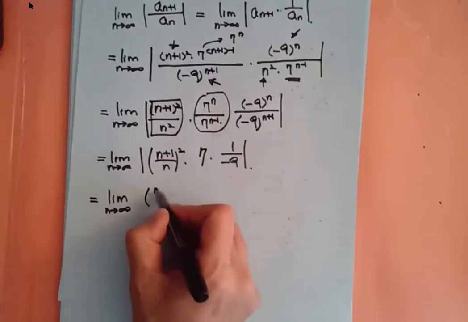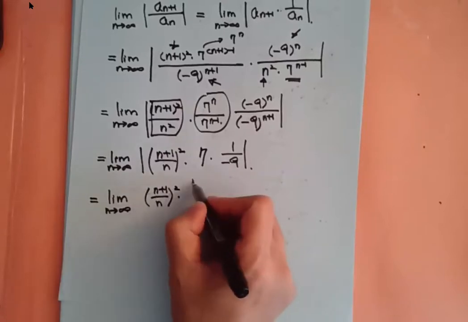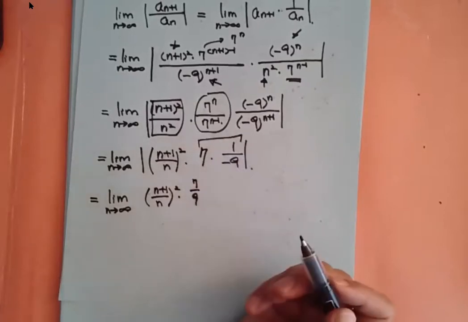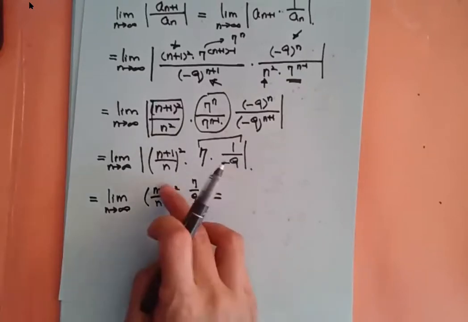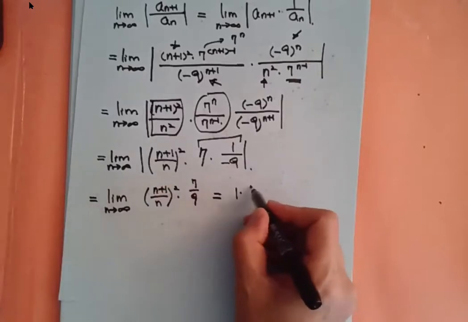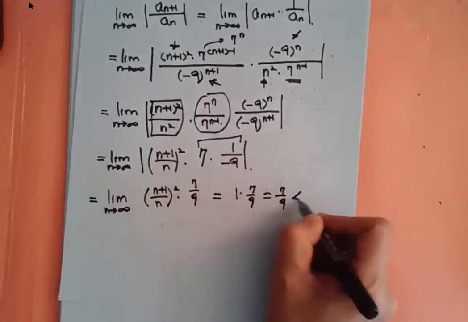Then we have (n plus 1) over n squared times 7 over 9. As n goes to infinity, we can forget this part. And so that becomes 1 times 7 over 9, which is 7 over 9, which is less than 1.